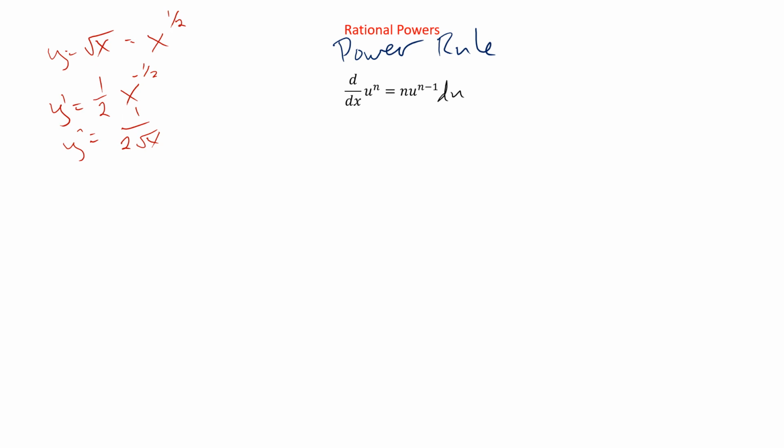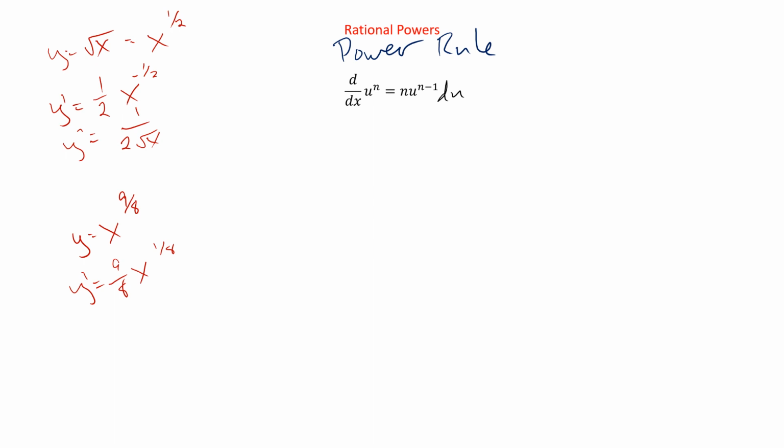We could have y equals x to the 9/8. So y prime would be 9/8 x. When we subtract 1, that takes us down to 1/8, because we'd have to subtract 8/8. You still have to use fraction addition appropriately.